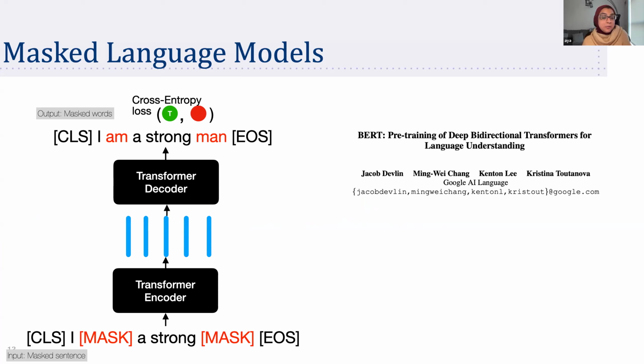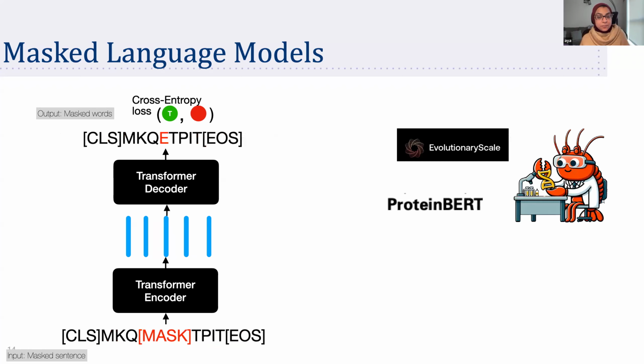So they thought, okay, let's train a model exactly the same way: we have a sentence, we mask out a few tokens, and ask the model to complete it. Then we add a loss on top of that to see if it completed it right or wrong based on the original sentence.